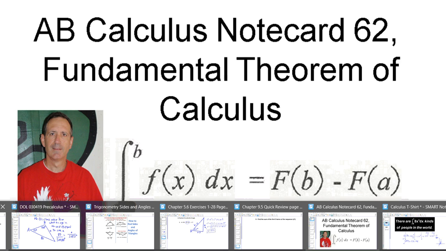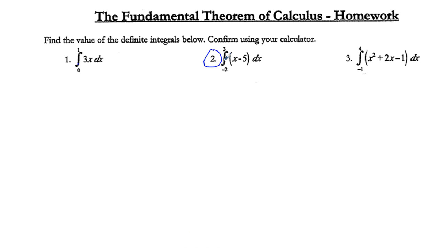Okay, let's go back to this problem 2. We're going to have the integral from negative 2 to 3, and since these are 2 separate terms, we can split it. We're going to have x dx minus the integral from negative 2 to 3 of 5 dx.